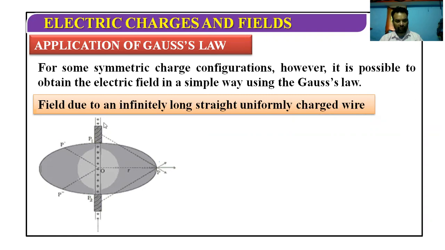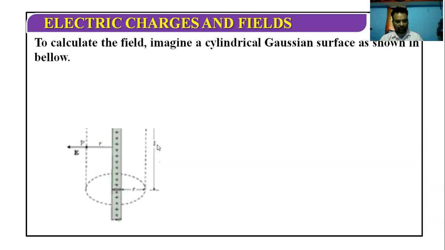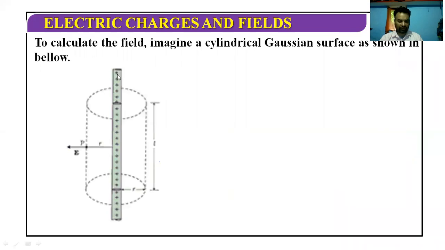So let me ignore this diagram, and I have one more diagram. So let me go for that. Just look at this diagram. We took a very thin, infinitely long rod having uniform distribution of positive charge over it.